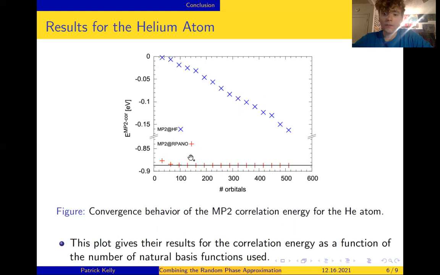We know it converges because basically after some number of orbitals, these red dots stop changing. And you can see they indicate that they're using this MP2 plus, they call them RPANOs in the paper, these natural orbitals that they're using.